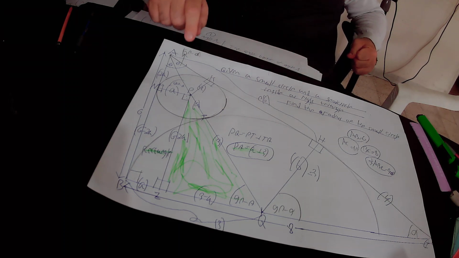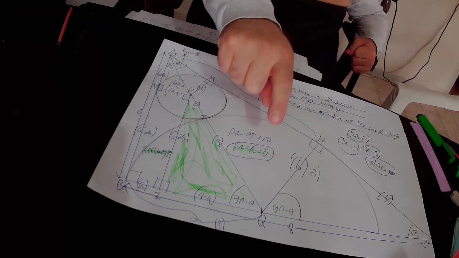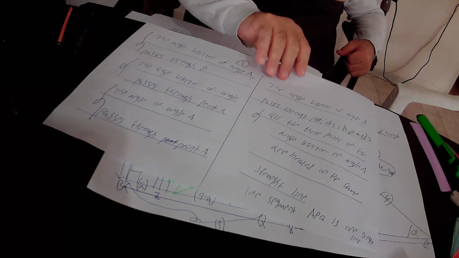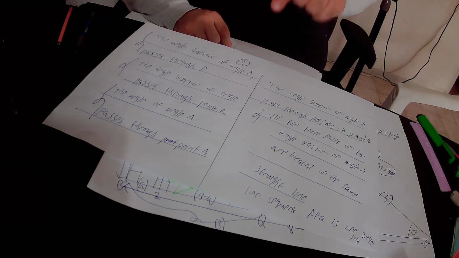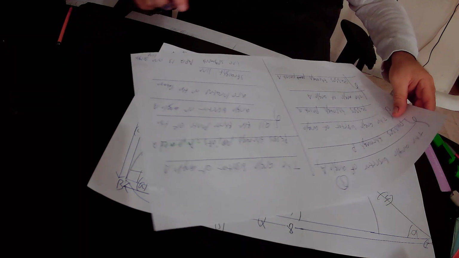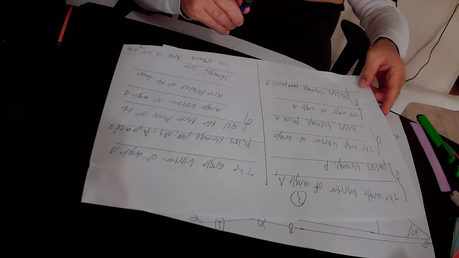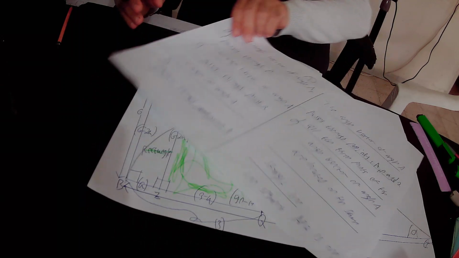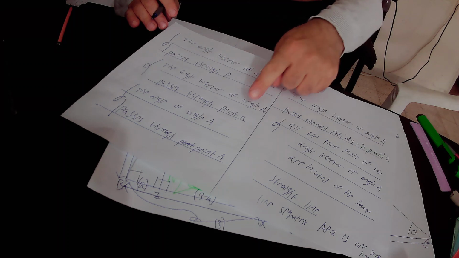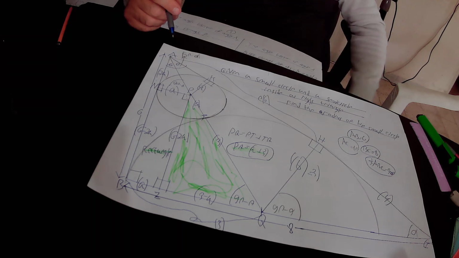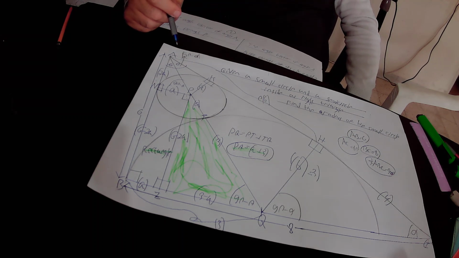So I found out that the angle bisector of angle A passes through point Q. And it is trivial that the angle bisector of angle A must also pass through point A, of course.